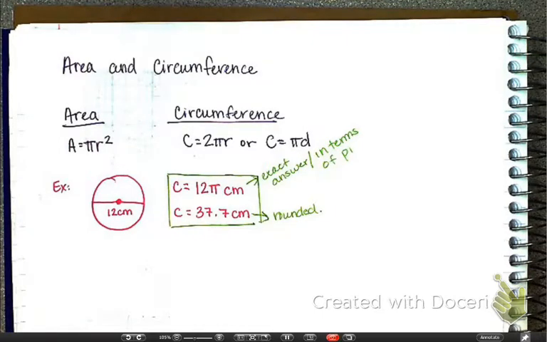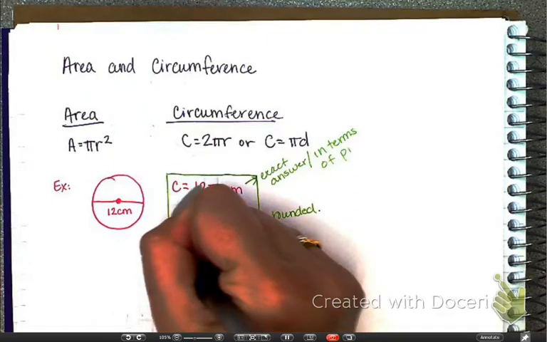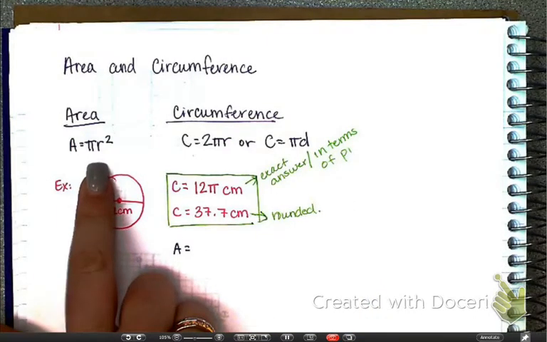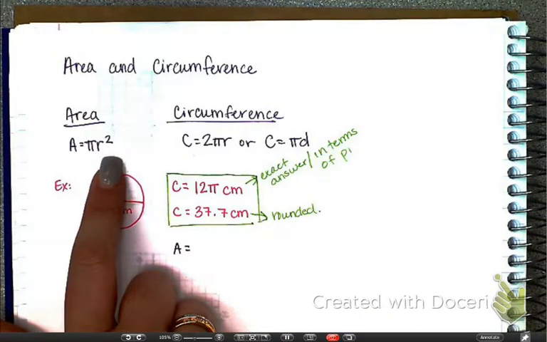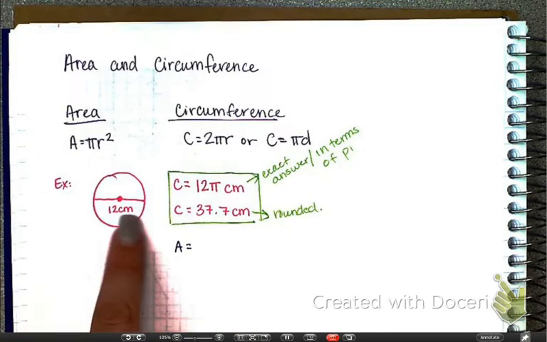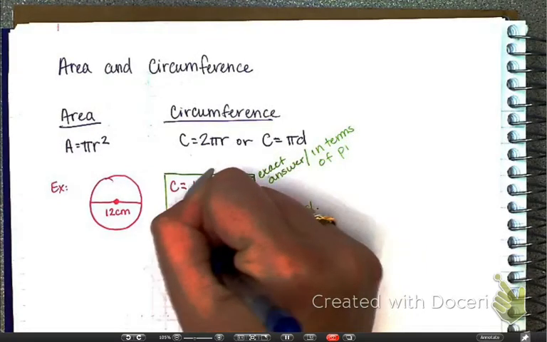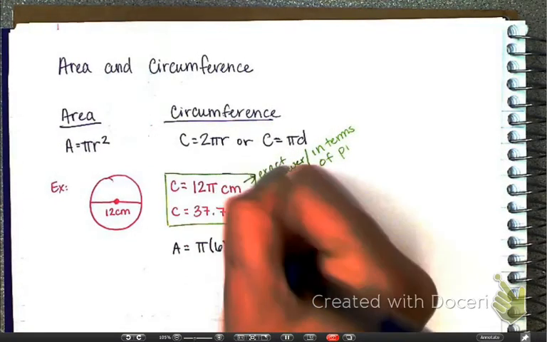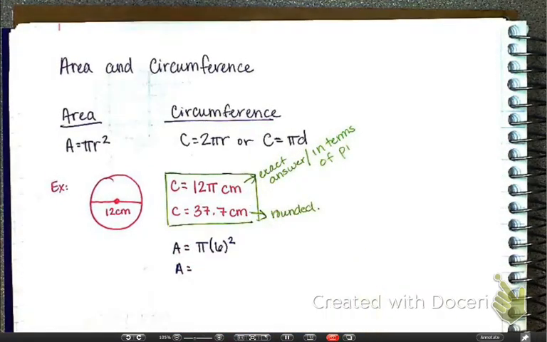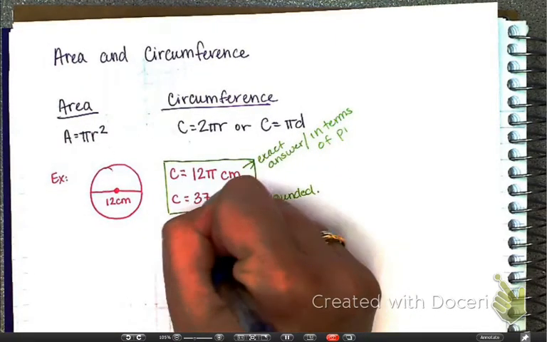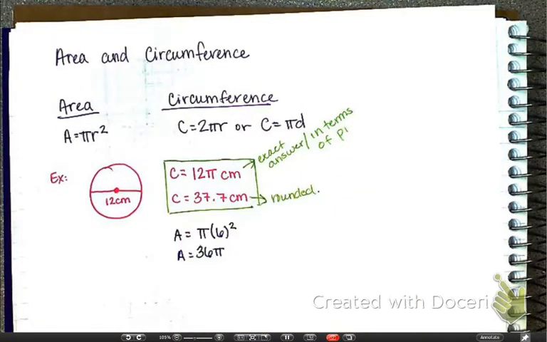Okay, let's find the area. Well, in order to find area, what do I need? Okay, I'm going to use pi r squared, so I need to know the radius. So if the diameter is 12, the radius is 6. So pi times 6 squared gives me 36 pi as my exact answer. And what should those units be?